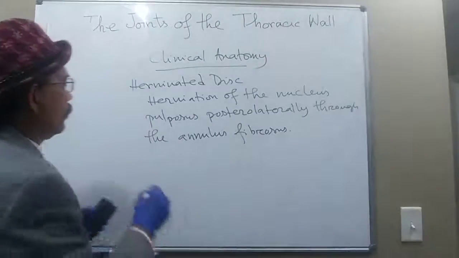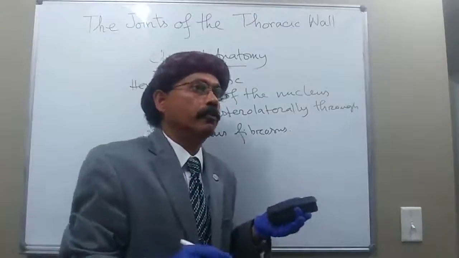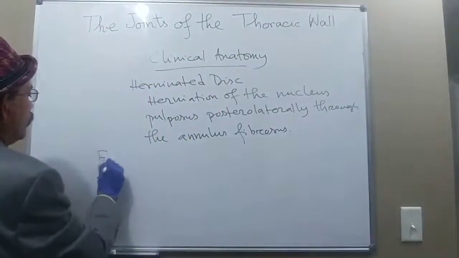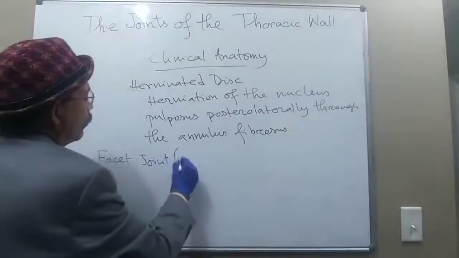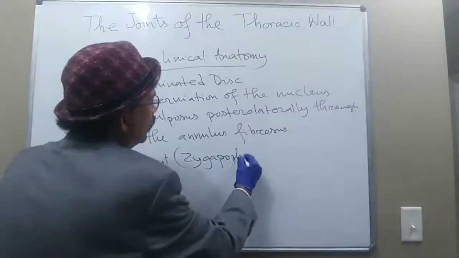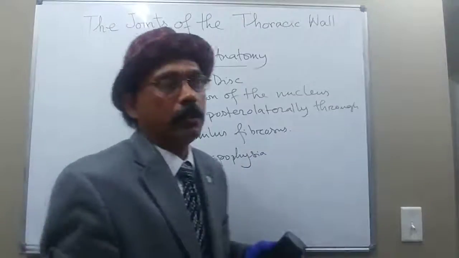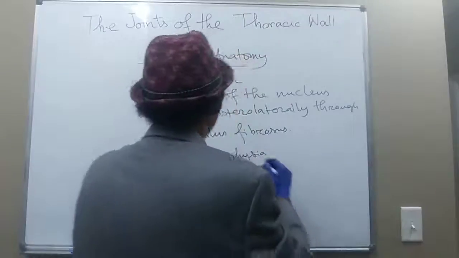Our joints may undergo changes, especially the facet joint, which we can also call the zygapophyseal joint, between the articular processes of the vertebra.